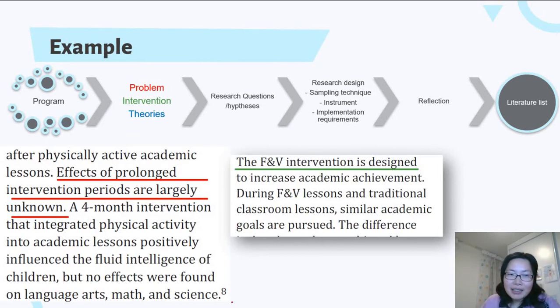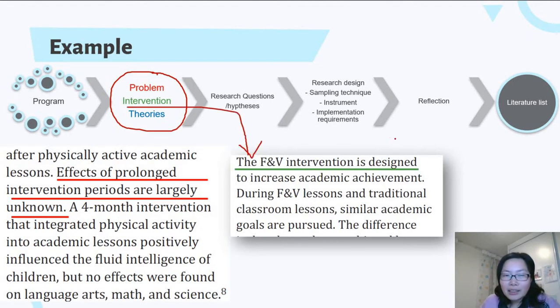And then the second step, we move to what is the problem. Using this kind of program, this intervention, we are aiming to solve what kind of problem, and what is the intervention, and what are the theories to support it. So let's start from the problem.